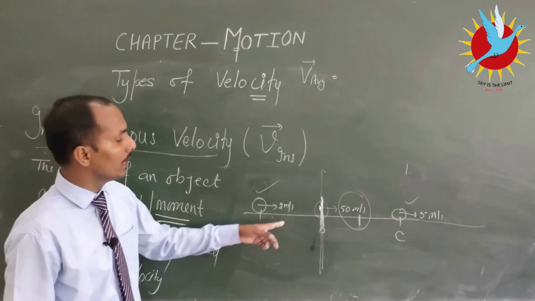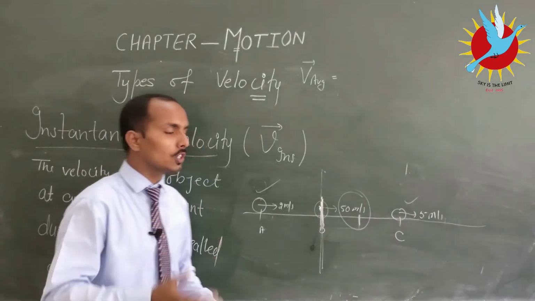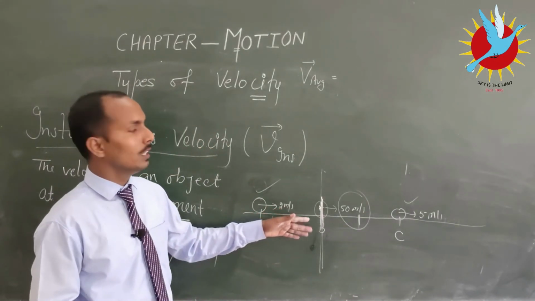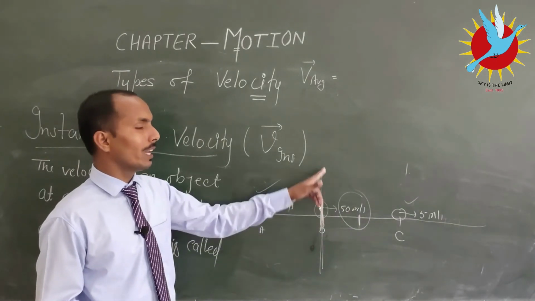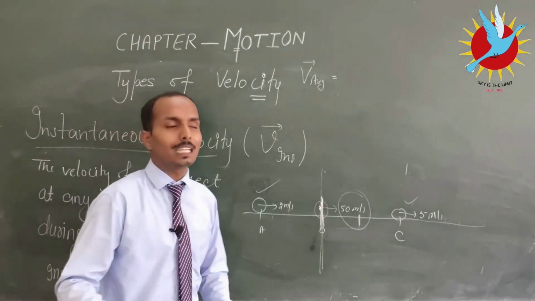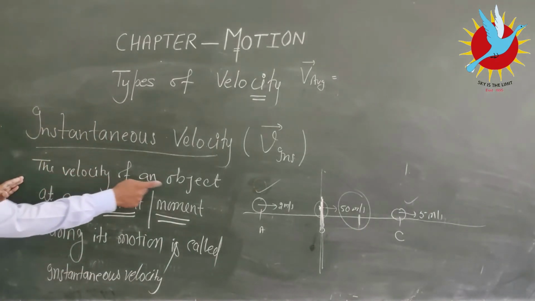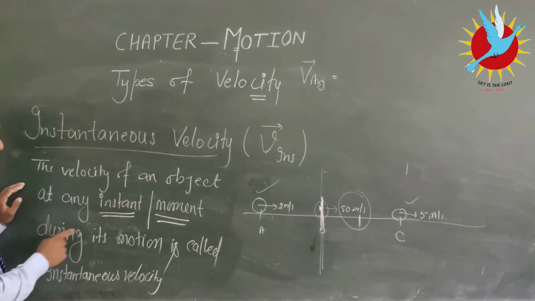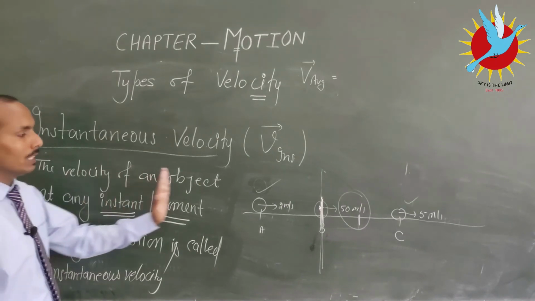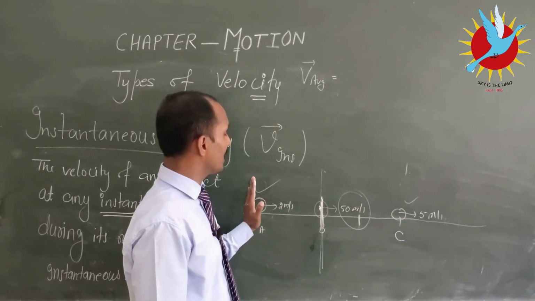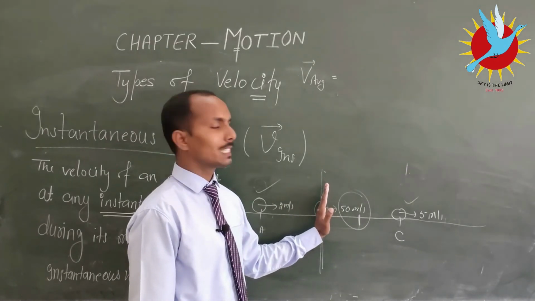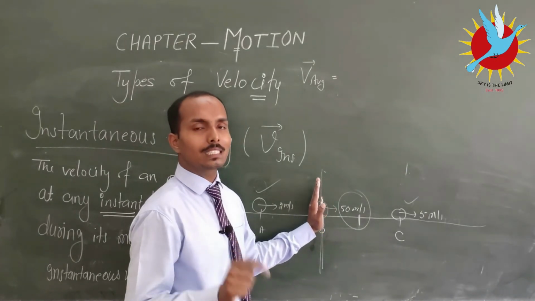The velocity of an object at that instant is known as instantaneous velocity. If you say it is 50 meters per second at point B, that is instantaneous speed.